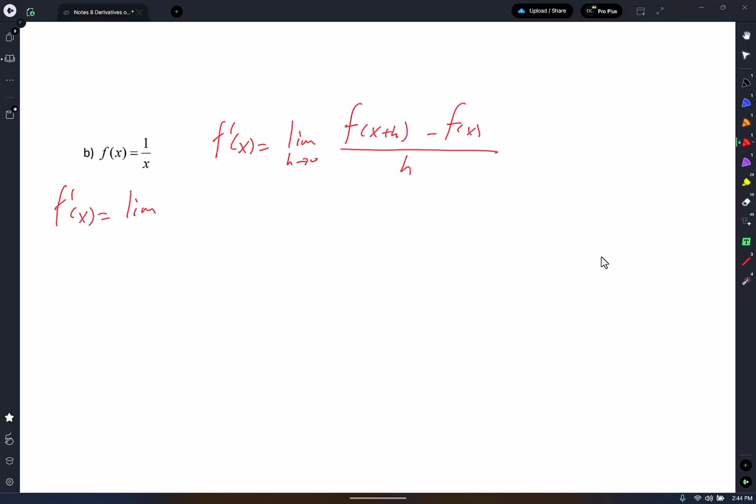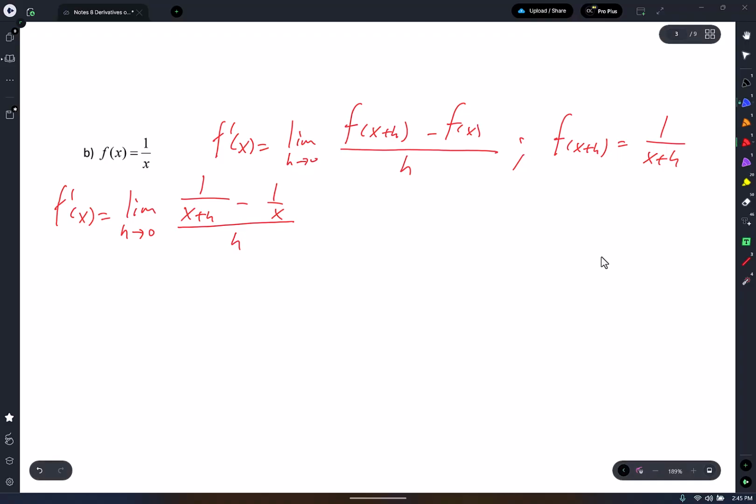Well, I guess what I need is f of x plus h. f of x plus h equals 1 over x plus h. Okay, now we're ready. Limit as h approaches 0, 1 over x plus h minus 1 over x all over h. Are we still okay?